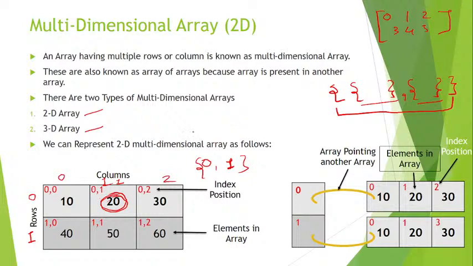We provide the array name, then we define the zeroth row and the first column, firstly the row and secondly the column, and then we define the value. So inside this array, in row 0 and first column we are adding 20.